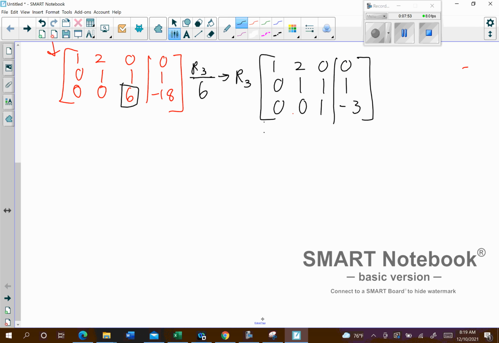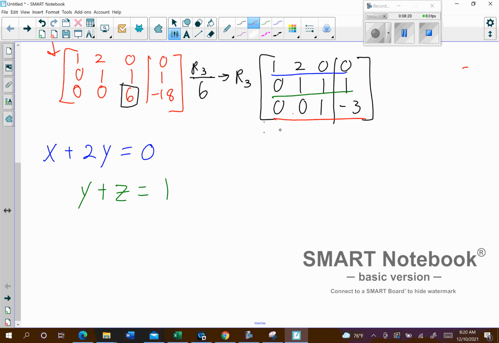All right. So now the last thing we do is a thing called back substitution. So we rewrite this back into the equation format. So this would be x plus 2y equals 0. That's the first row right here. Then the next one would be y plus z equals 1. I got that from right here.